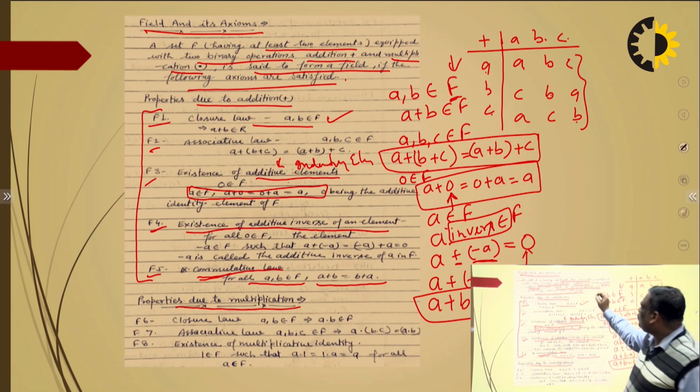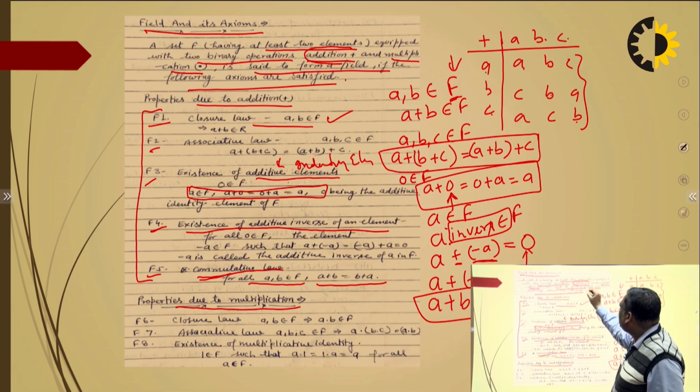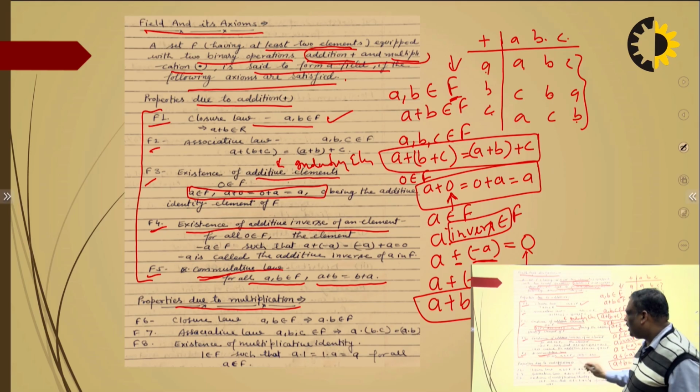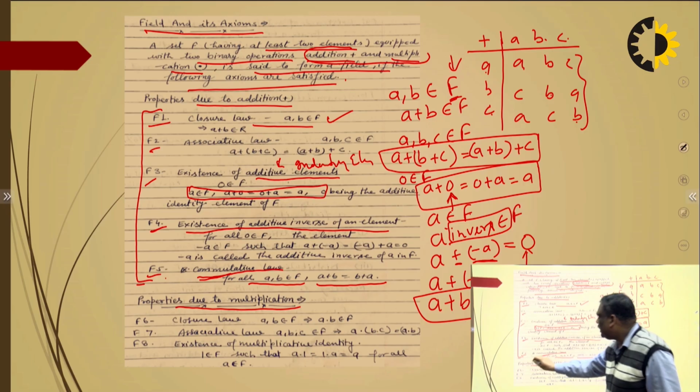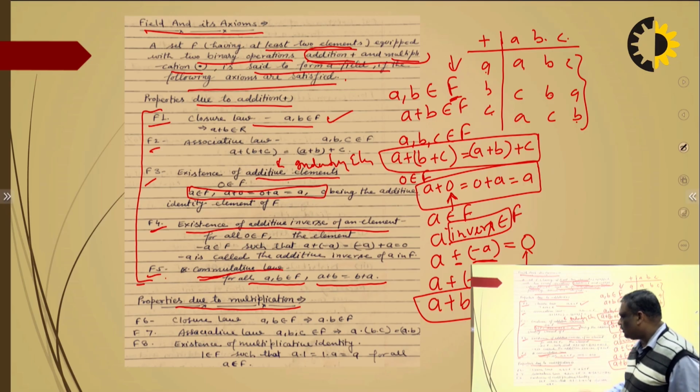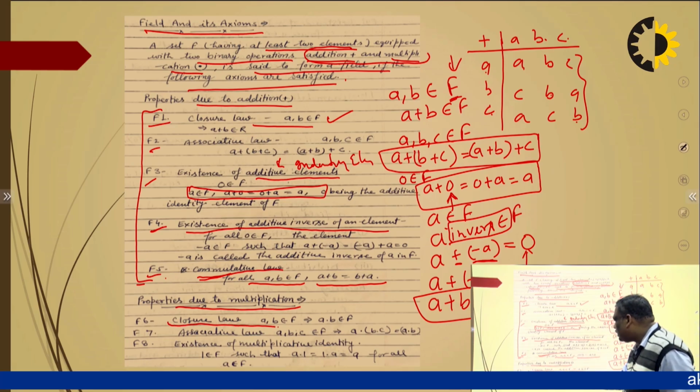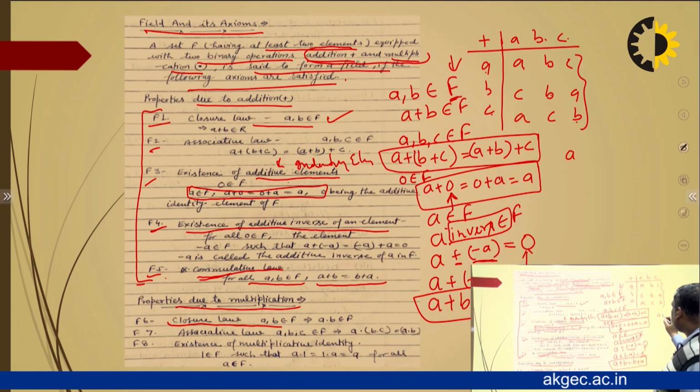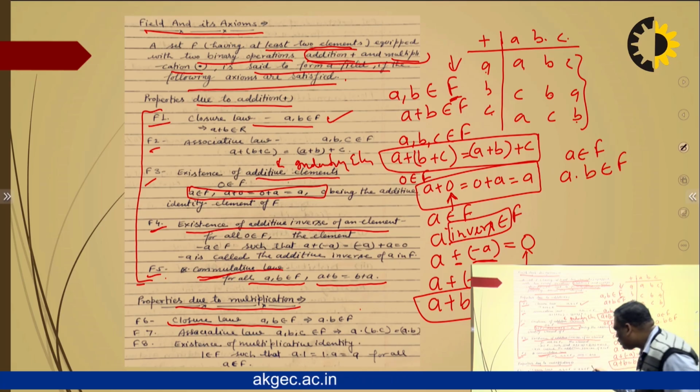So we have two properties here, addition and multiplication. This one was all regarding the addition operation, and the second one is with respect to multiplication. It follows the closure law, which means if A belongs to F and B belongs to F, then A multiplied by B belongs to F, so it holds the closure property.